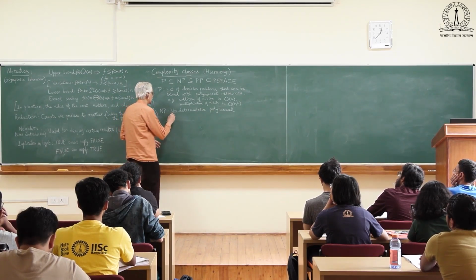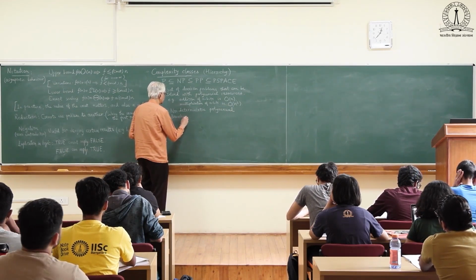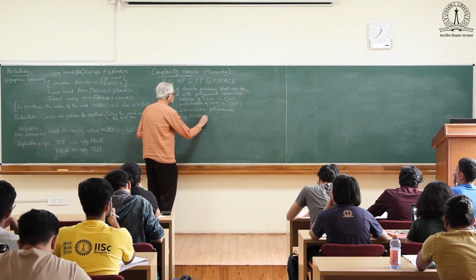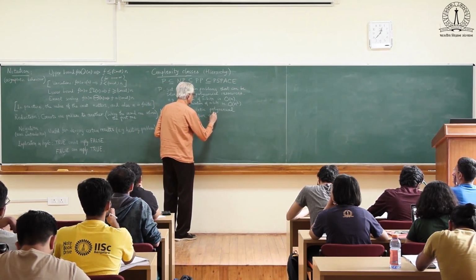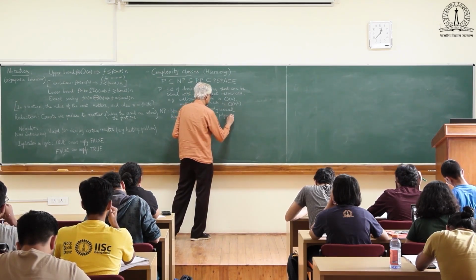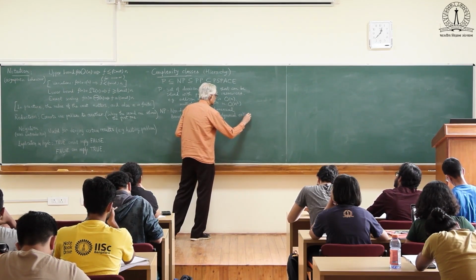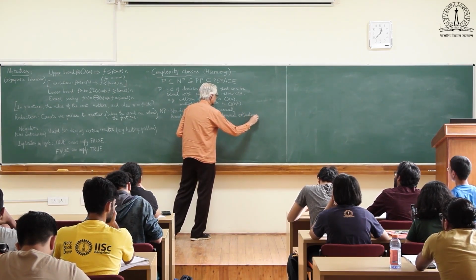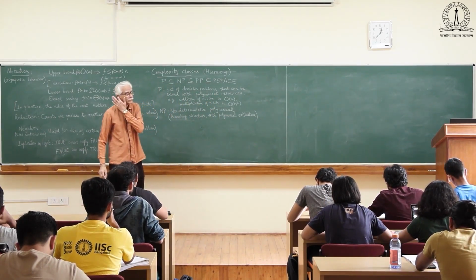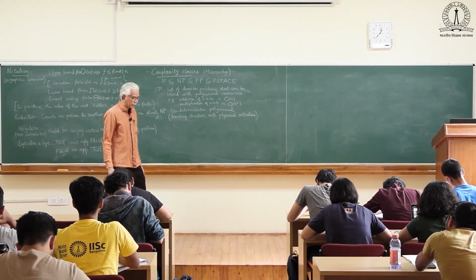So this is a branching structure with verification being polynomial.